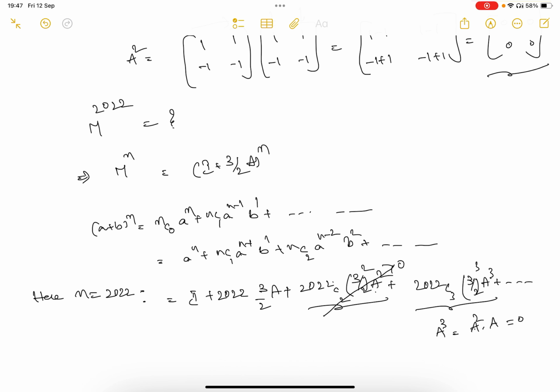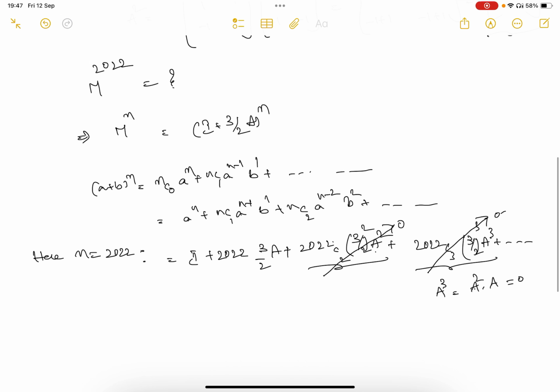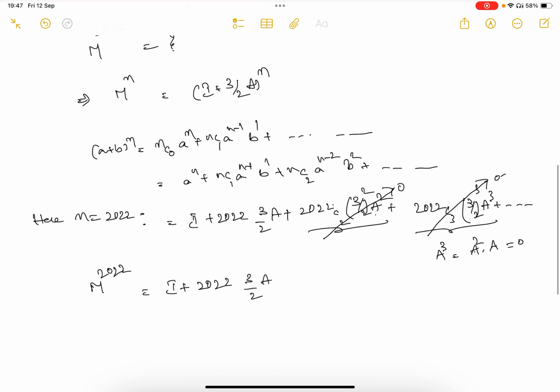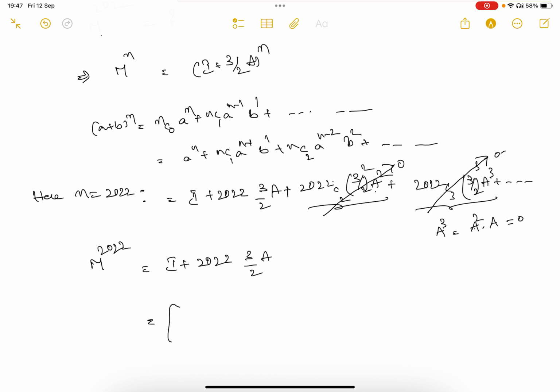Similarly, A4 and A5, the next higher order terms, will not contribute to the a plus b whole power n, that is M power 2022. So in our case M power 2022 is I plus 2022 into 3 by 2 into A. Fine. Then this is I plus 2022 into 3 by 2 into A.